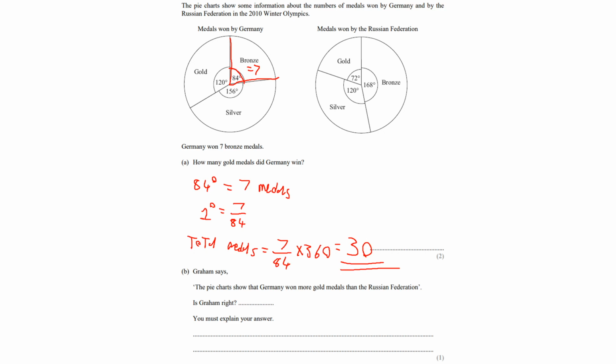Now, let's say they ask us, the pie chart shows that Germany won more gold medals than Russia. Is Graham right? Explain yourself. Well, we can see that 120 degrees represents however many gold medals, okay? And we're also told that 72 degrees represents Russia's gold medals.